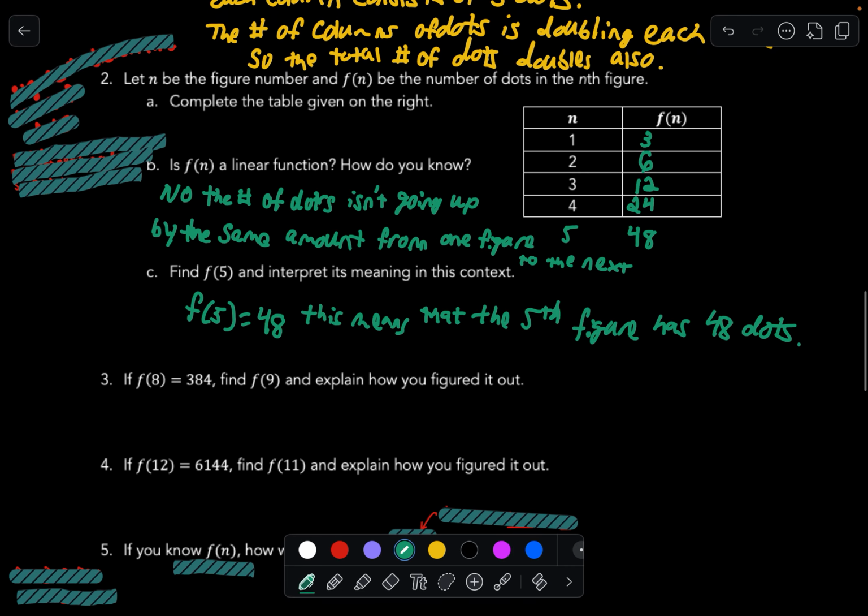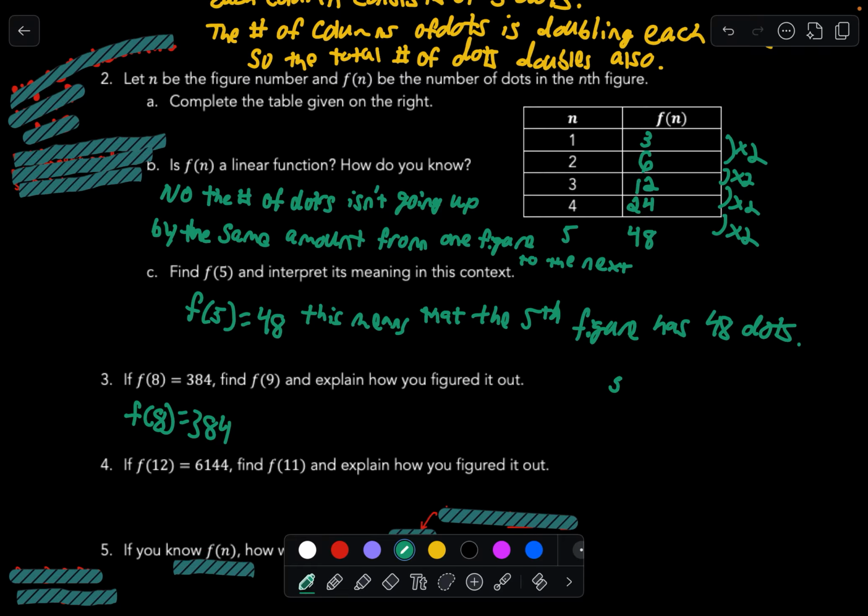Now, if we know that f of 8 equals 384, and we realize that to go from one term to the next, we're actually doubling it, multiplying by 2 each time, right? Like 12 multiplied by 2 is 24. 24 multiplied by 2 is 48. And they want the 8th term, we just keep going.